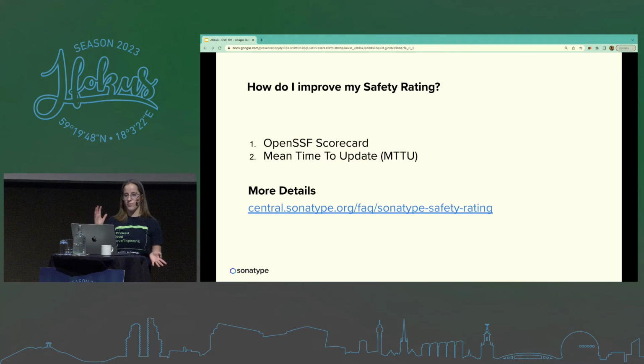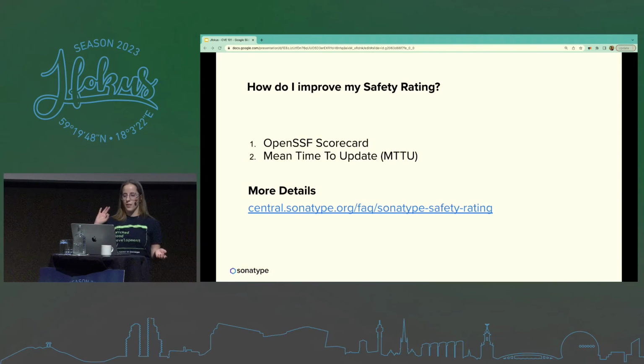This is a pretty new thing. I think it's been on the Maven Central website for about three months. So if you run an open source project and you see a score up there that you don't like, these are the things to look at. There are some more details on the Central website too, and feel free to contact us if you need some help there as well.